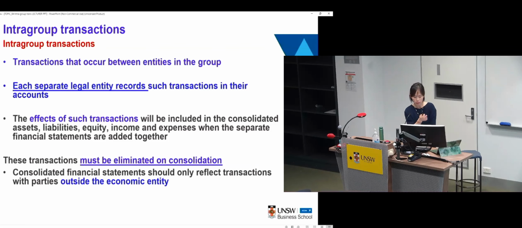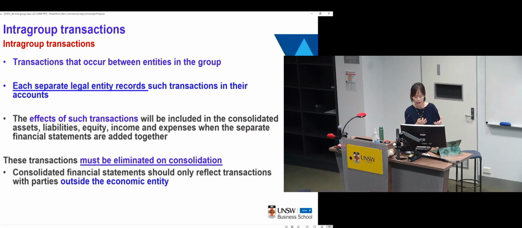Now, if you don't prepare the elimination entry, what happens? Well, the effect of the intragroup transaction will be included in the combined figure. When you start your consolidation process, you add together, or say combine, the parent's information with all its controlled subsidiaries. Any intragroup transaction will be included in this combined figure, right?